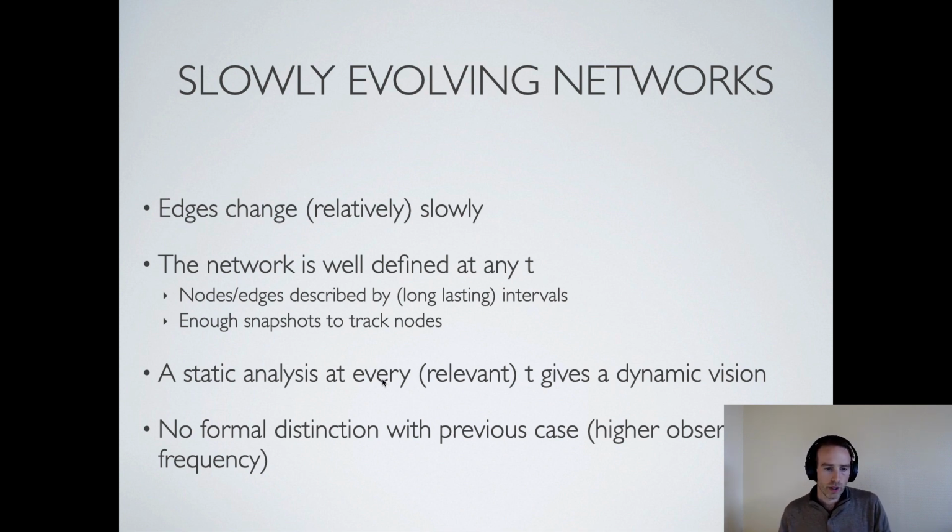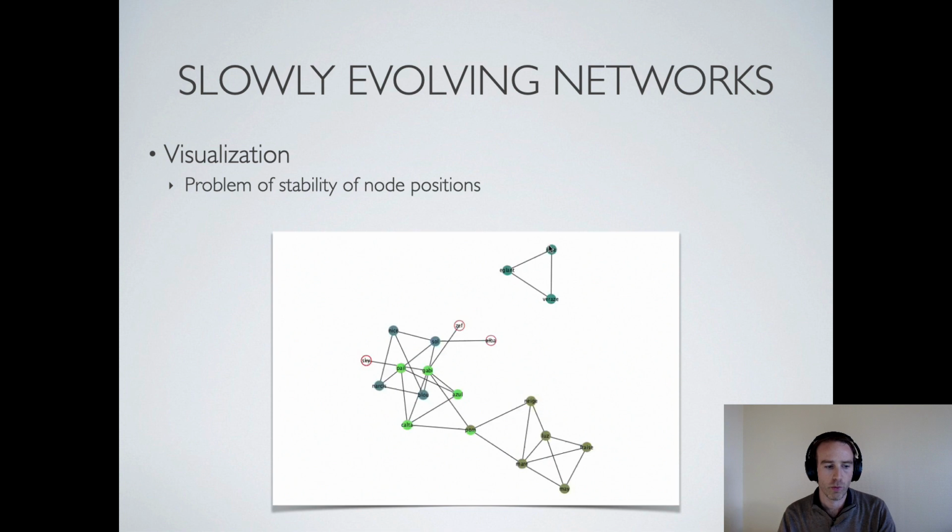So there is no formal distinction with the previous case in which you had only 3 or 4 snapshots. It's just that you have a higher observation frequency, and thus you can really analyze what's going on in your network in more details.